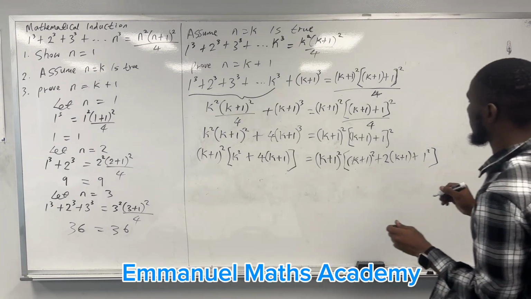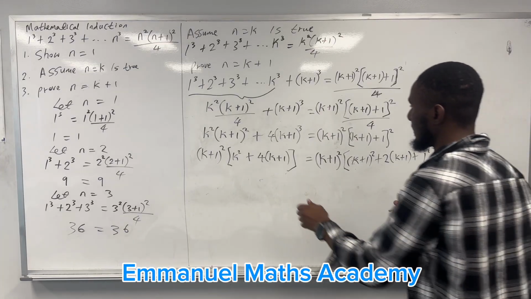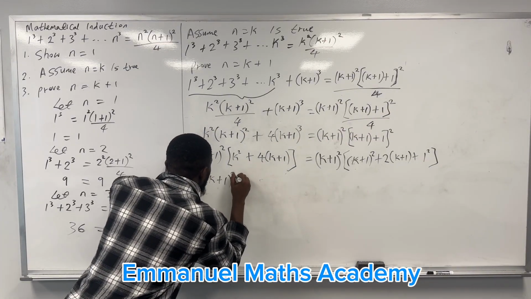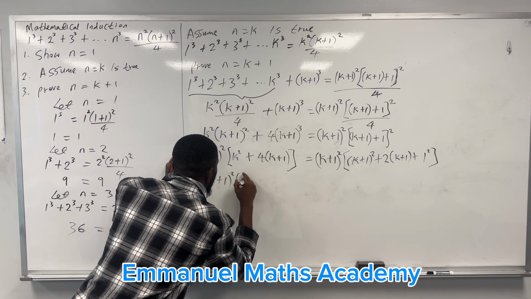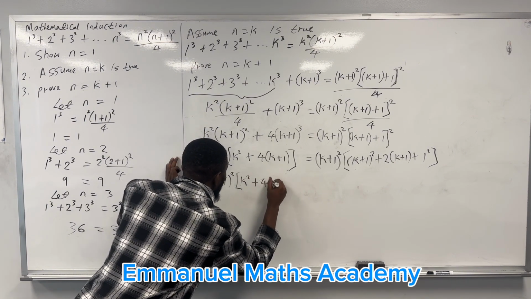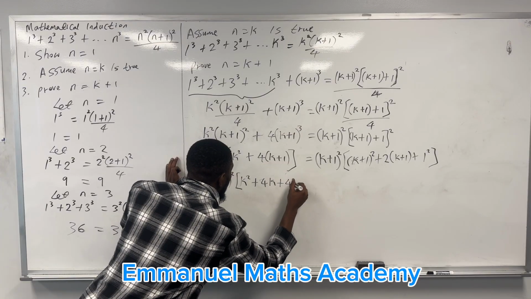So this is the expansion. Alright? So for this we have (k plus 1) squared into (k squared plus 4k plus 4).